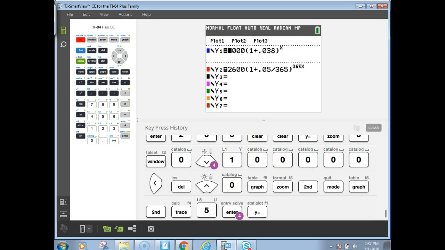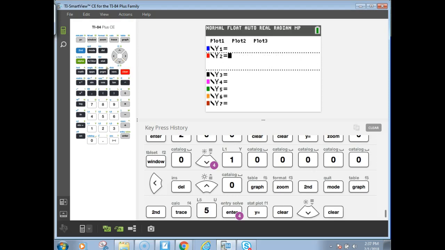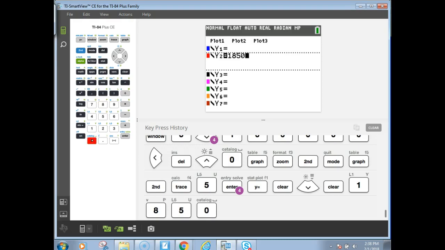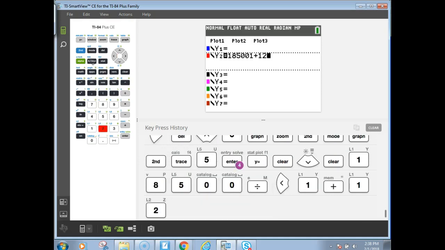We go to our y equals. We clear out this stuff. And I think it was 18,500. Oh, I have it in y2. Who cares? It'll just be red. Divided by, and then can you guys tell me, parenthesis, 1 plus 12 times e to the, all right.